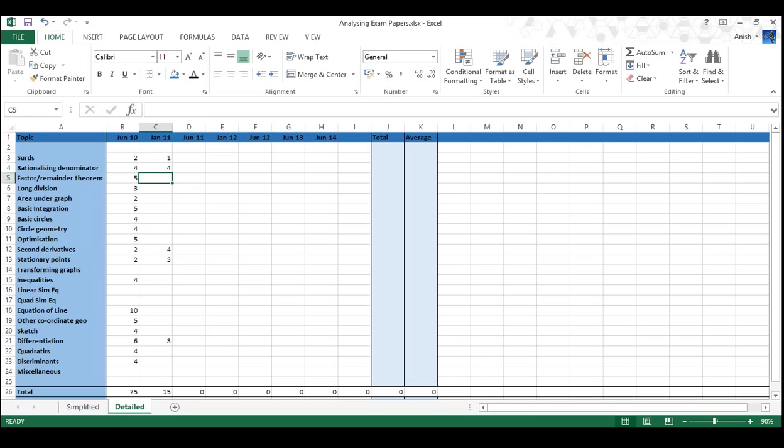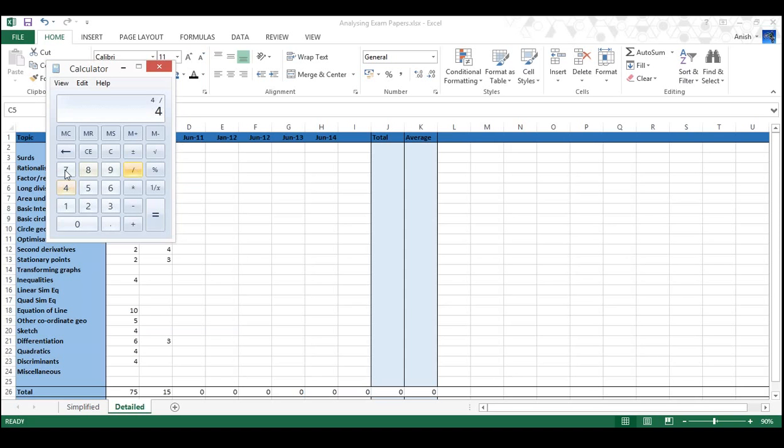So that's 4 out of 75, so 5% of your paper is on that. So 5% of your revision time could be spent on it, but it's not that hard of a topic, so you wouldn't need to spend 5% of your revision time. Let's say your revision time is 100 hours. You would not need to spend 5 hours on this topic, but it's an easy 4 marks to pick up.